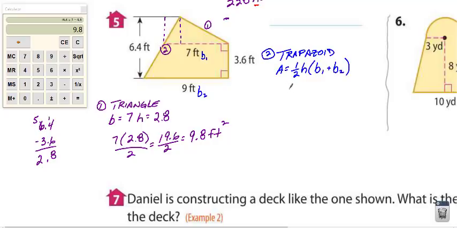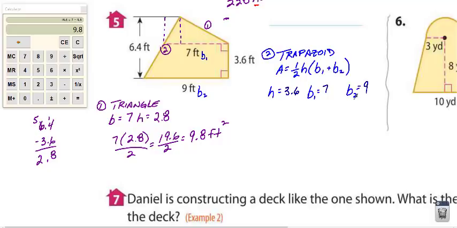So that tells me when I'm solving a trapezoid, I need 3 pieces of information. I need a height, I need base 1, and I need base 2. For this trapezoid, the height is 3.6, base 1 is 7, base 2 is 9.